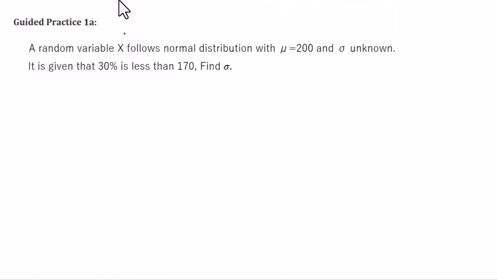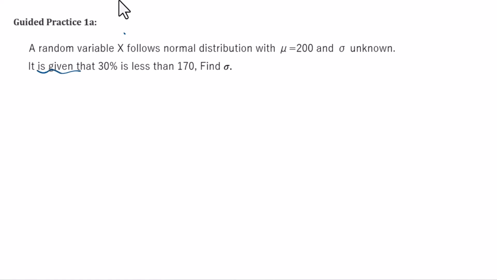For example, a random variable x follows normal distribution with mu equals 200 and standard deviation unknown. It's given that 30% is less than 170. Find sigma.